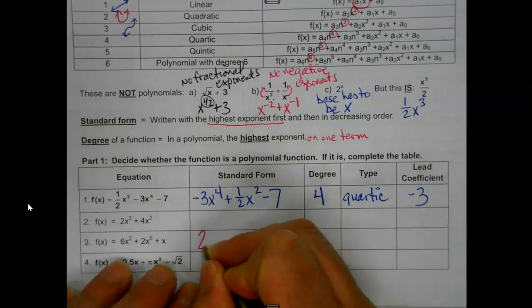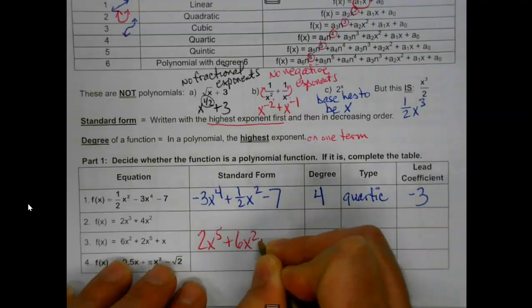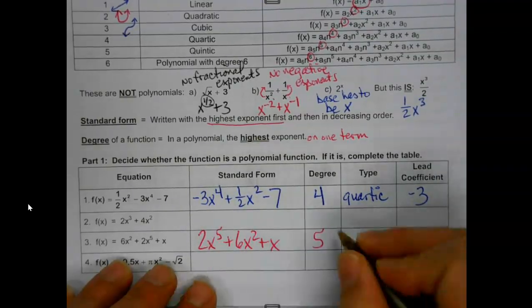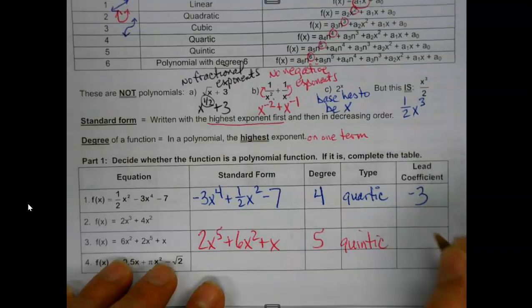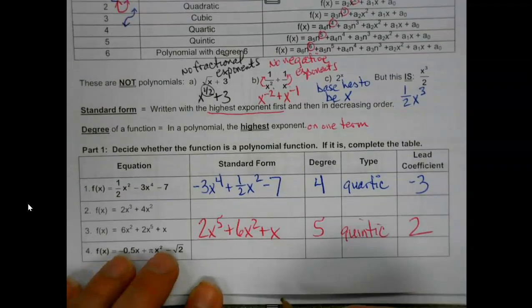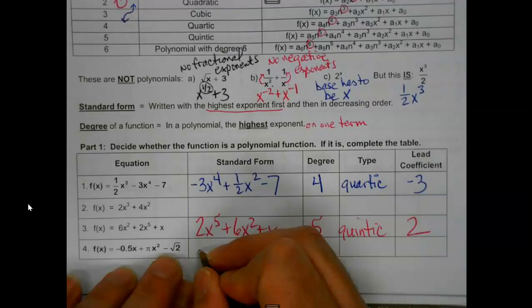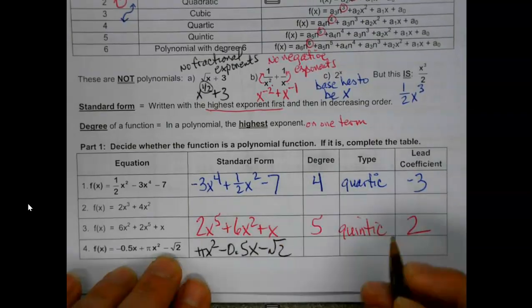On number 3 with your standard form, your degree, your type, and your lead coefficient. And then I'm going to give you a bonus afterwards with this. So you can kind of see some weird ones too.